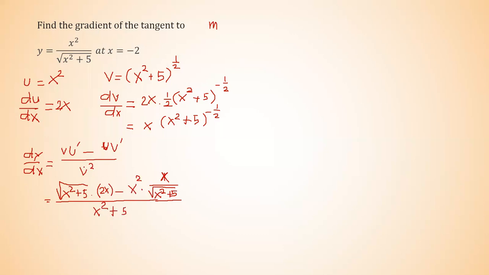Because v squared means the square root of x squared plus 5, squared, it's going to be x squared plus 5.